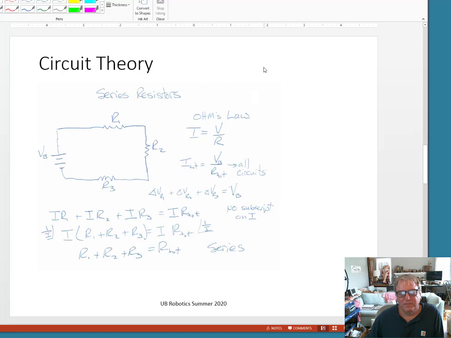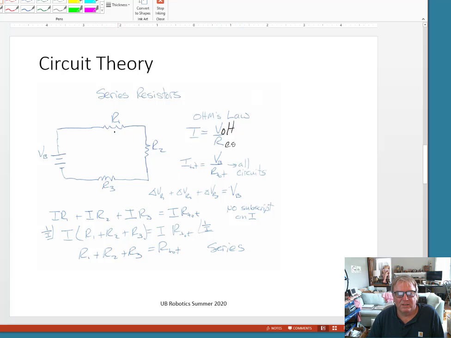So now if we change the circuit elements into resistors, we can apply this thing called Ohm's law, named after a dude named Ohm, believe it or not. What he discovered through experimentation is that the amount of current equals the voltage divided by resistance for anything.